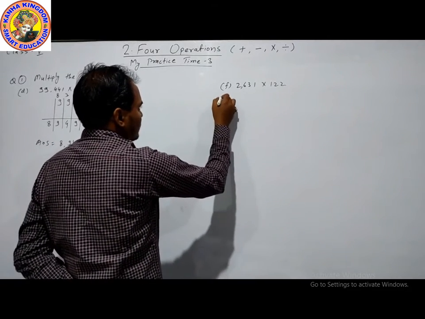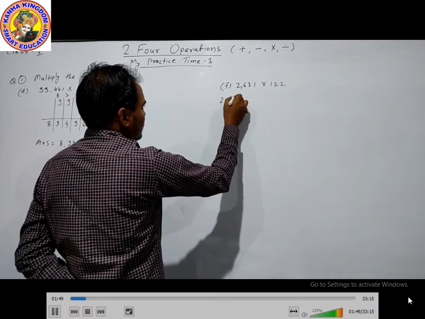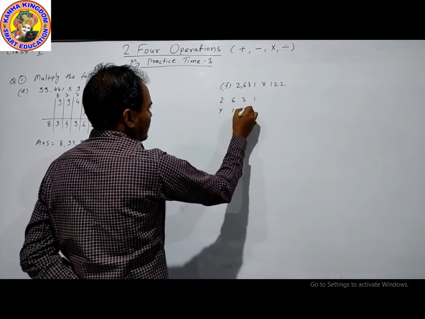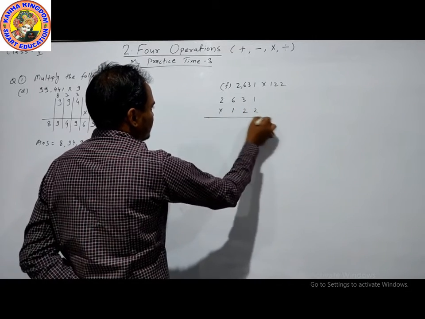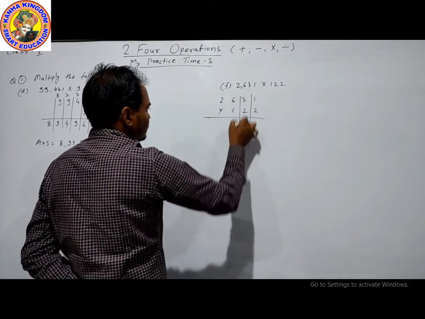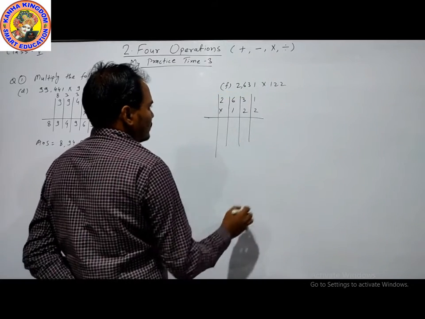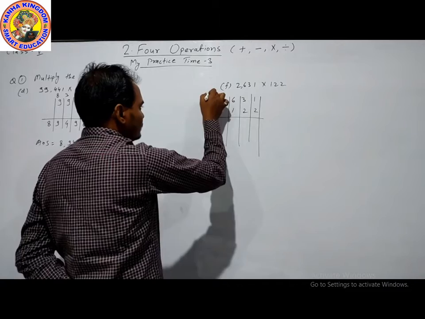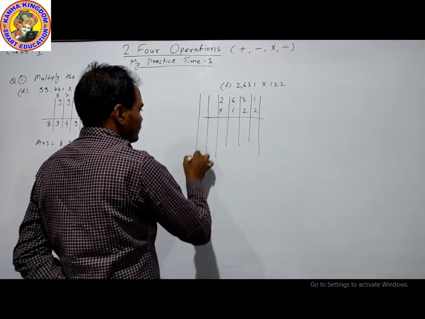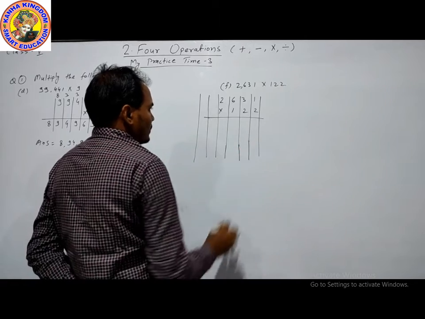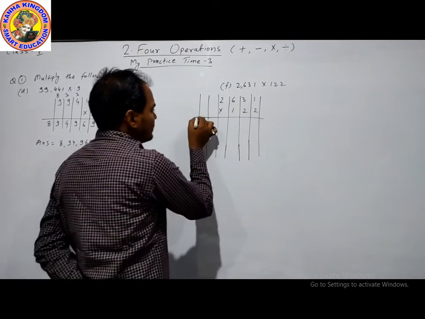Now part F. 2, 6, 3, 1 multiply by 1, 2, 2. We will make the columns like this.